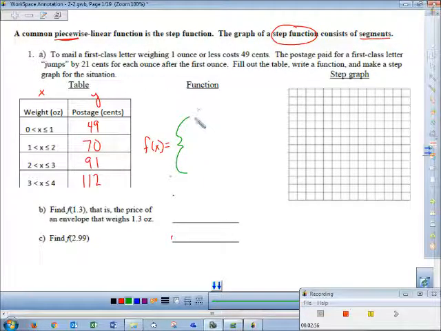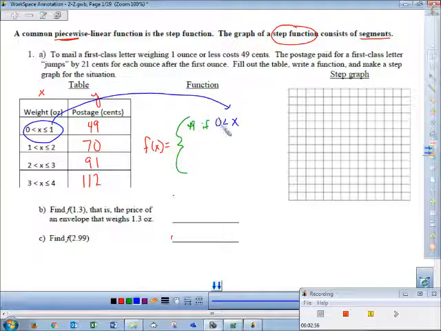So our function will equal 49 cents if, so here's the restrictions in the domain, if x is basically, we're just going to take this part of our table and put it over here. If x is greater than 0, but at the same time less than or equal to 1, that's what the price of our stamp would be, or our postage would be, 49 cents.